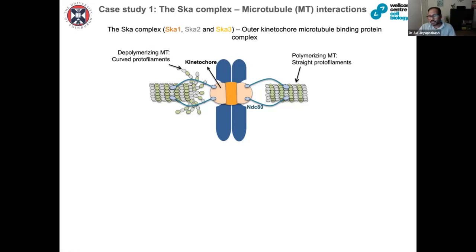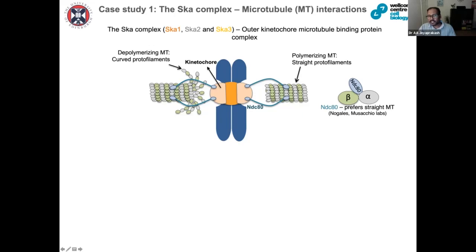The kinetochore microtubule attachment is mainly mediated by a protein complex called the NDC80 complex, shown here. Work from Andrea Musacchio and Eva Nogales' labs showed that the NDC80 complex binds microtubules by recognizing the alpha-beta tubulin dimeric interface. And this interface is sensitive to microtubule dynamics.